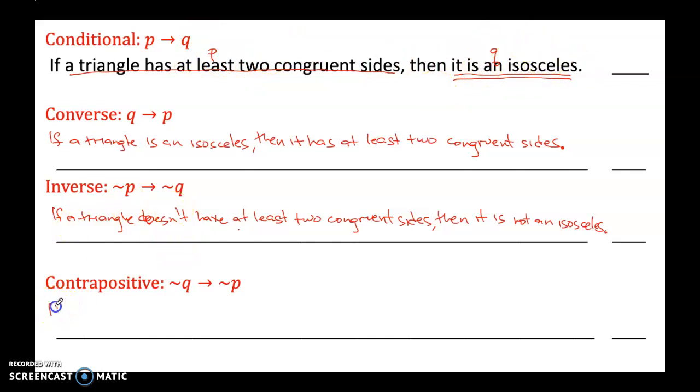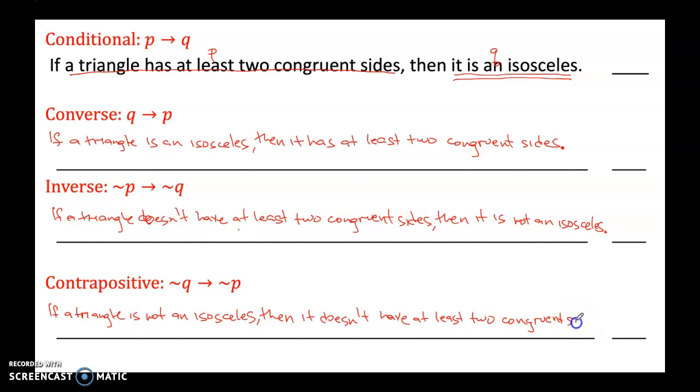So if a triangle is not an isosceles, that is our not P, then it doesn't have at least two congruent sides.